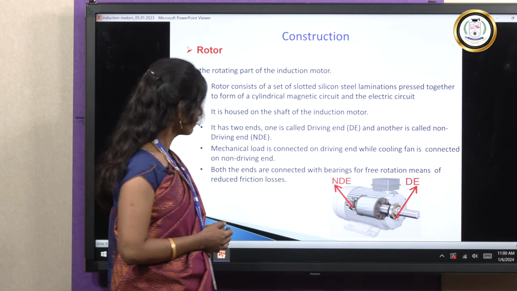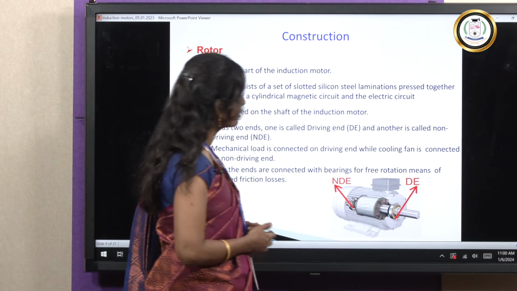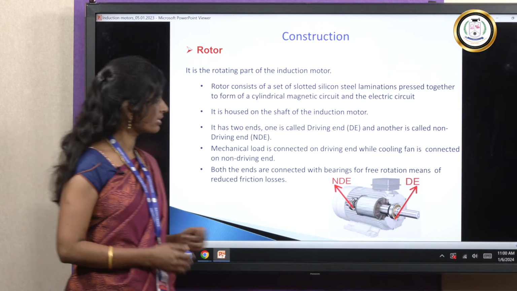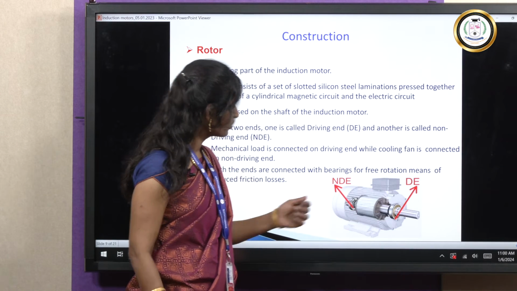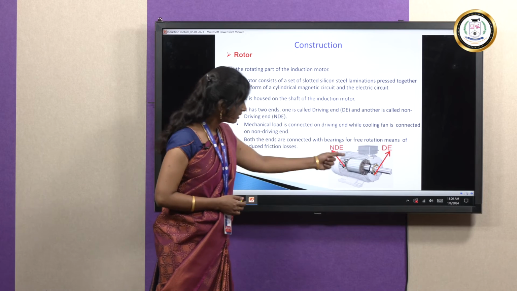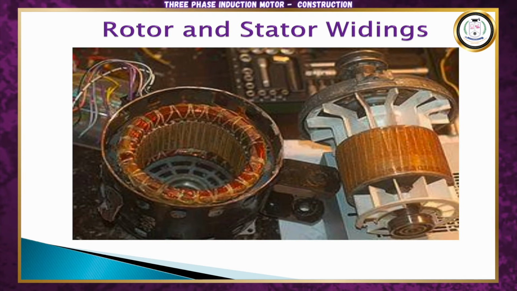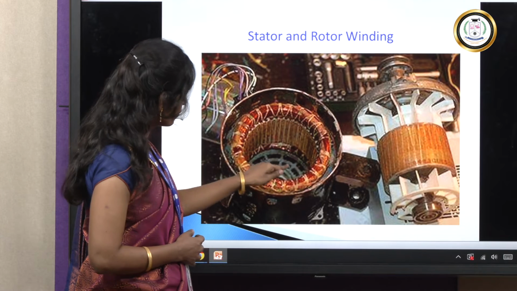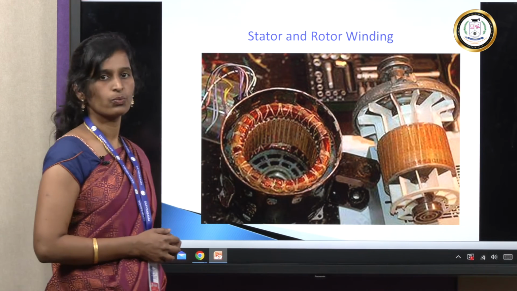In the rotor, we have the driving end and the non-driving end. Driving end is connected to the load side and non-driving end is connected to the cooling fans. And we have the bearings for the free movement of the rotor. These are sample diagrams for stator windings. This is your stator winding and this is your rotor winding.